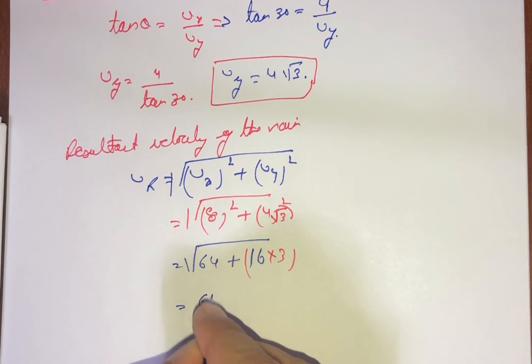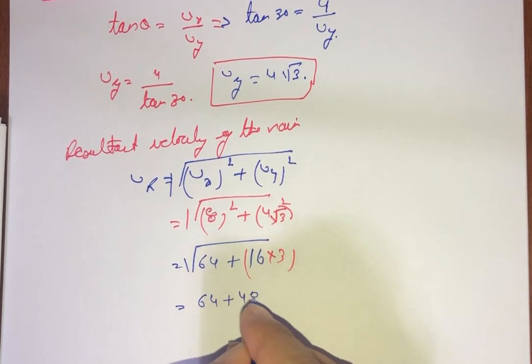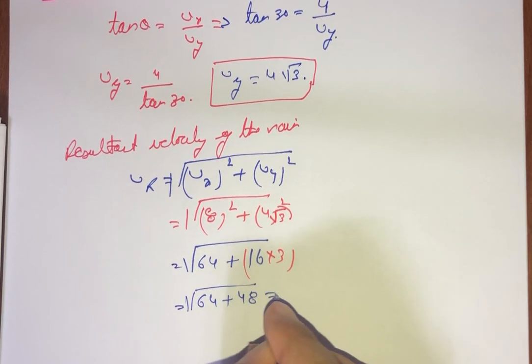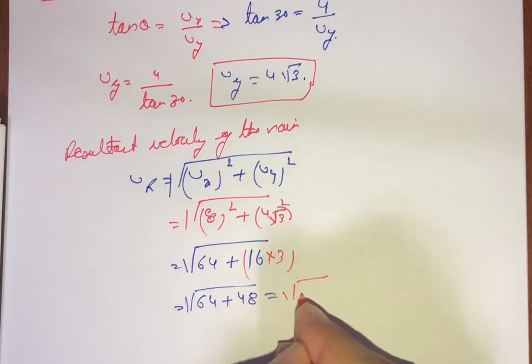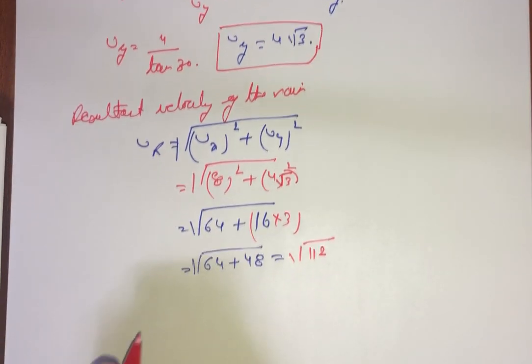So this will be 64 plus 48, and it will be equal to the square root of 112.